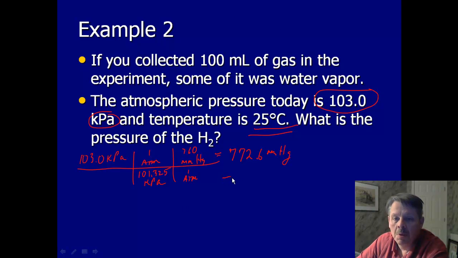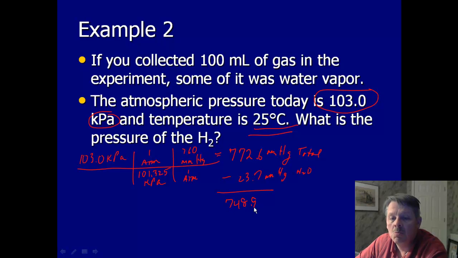So 23.7 millimeters of mercury is my water, and the 772.6 is my total because that's my atmospheric pressure. If I subtract these out, I get 748.9 millimeters of mercury, and that is the pressure of the H2.